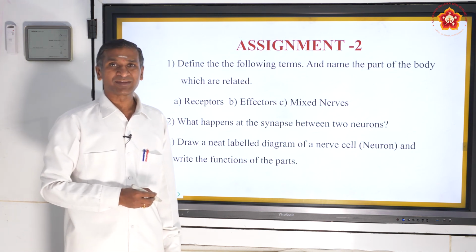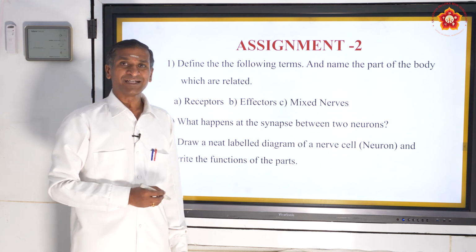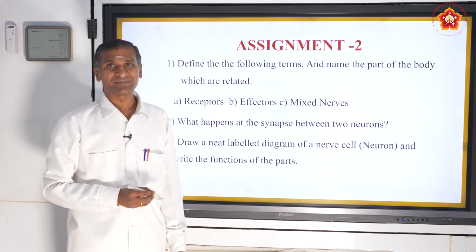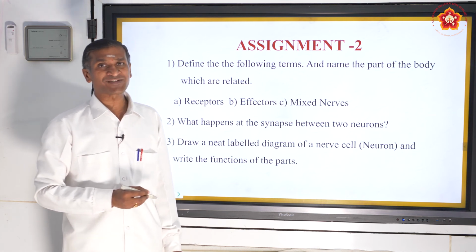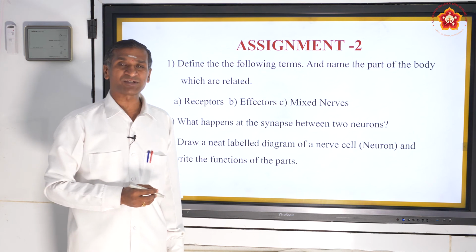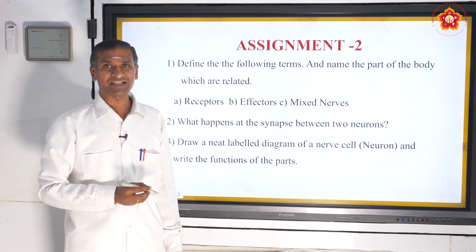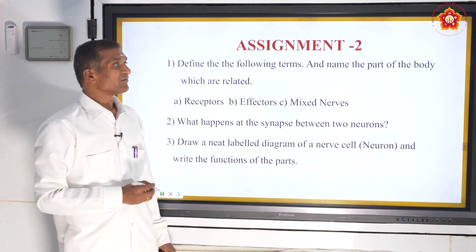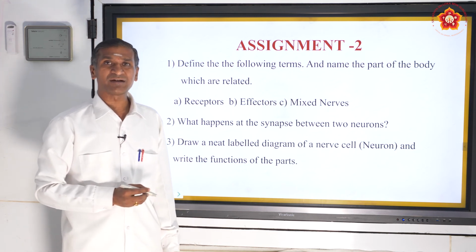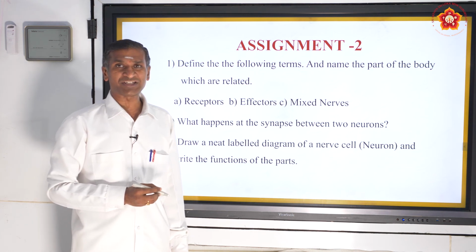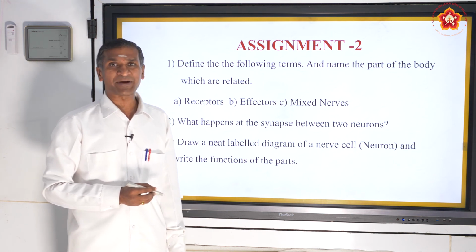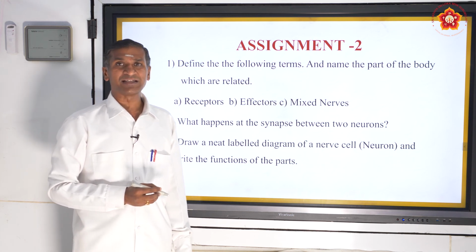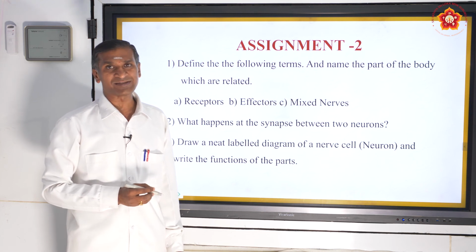Assignment 2. Dear students, hope all of you have understood the second part out of 6 parts in the chapter Control and Coordination of 10th class, which dealt with animal control and coordination and more detailedly the neuron structure and the types of nerves that are found in the higher animals.